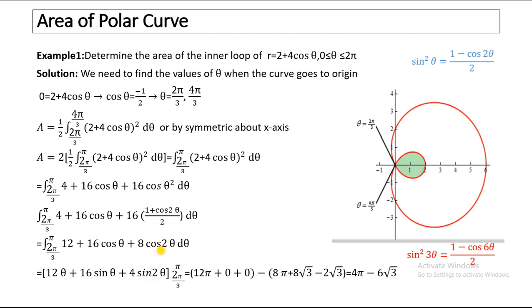Integration from 2 pi over 3 to pi, substitute by pi, and I get 12 pi.